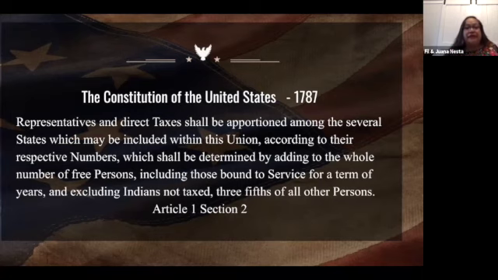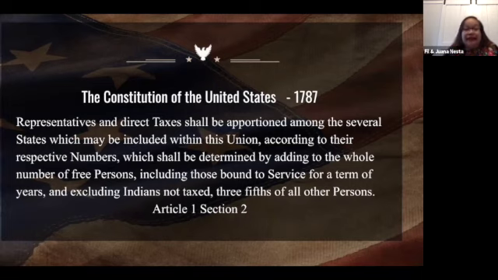This is talking about slaves. And excluding Indians not taxed, three-fifths of all other persons. So this was talking about all other people not being considered full humans.